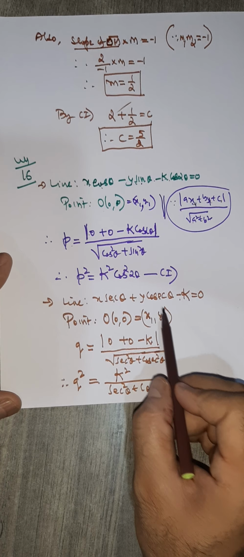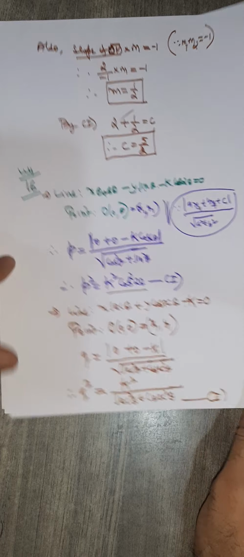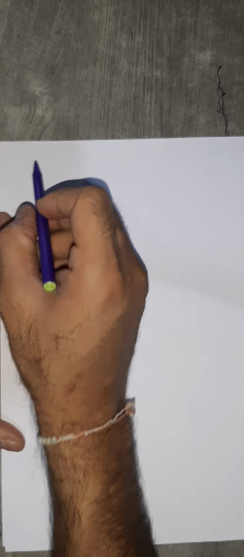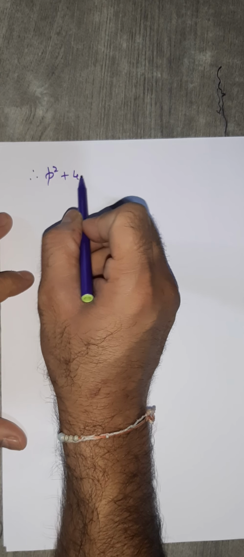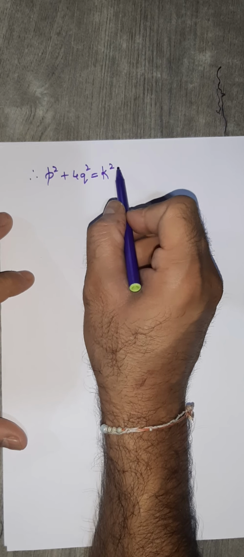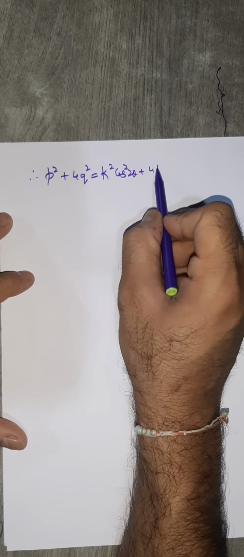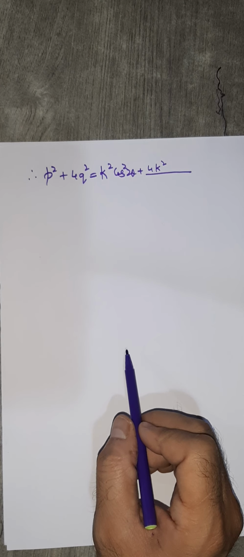So we have p square from one, we have q square from the second one. Okay, I'll just place the values in the expression. So I'll start with this now. p square plus 4q square equals, p square you know how much? k square cos square 2 theta plus 4k square. q square is multiplied with 4.